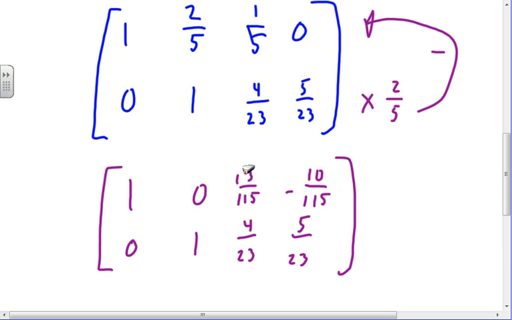Okay, so I don't get this. I get 3 23rds. The 5's go away. Wow, did I ever mess that up bad? The 5's go away, and this becomes 2 23rds.